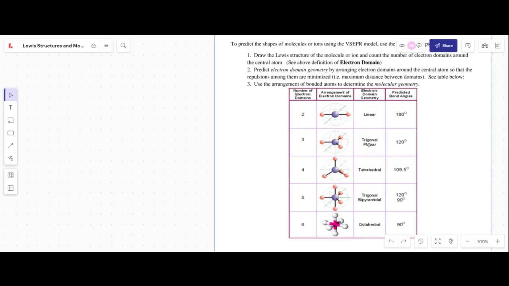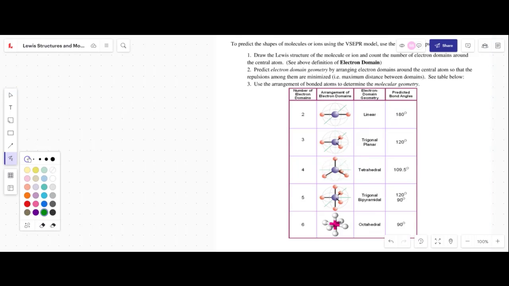If you have four electron domains, then you're not going to be planar anymore, because if you had four in a plane, it'd have to be 90-degree angles. But it turns out if you put them in a three-dimensional shape, you can get a bond angle of 109.5, which is only a little bit worse than 120. And in that case, you get a tetrahedron.